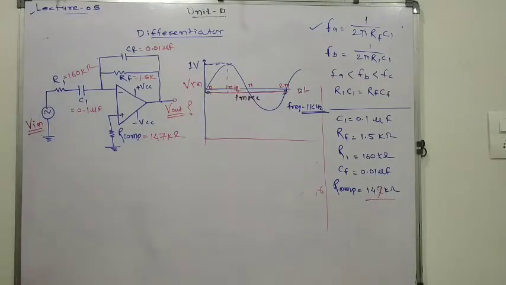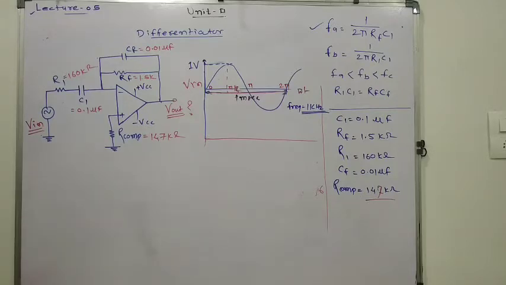Now, what is the output voltage formula of the differentiator? That is VO is equal to minus RF into C1 d by dt of V in. So this is nothing but the standard formula for the output voltage.